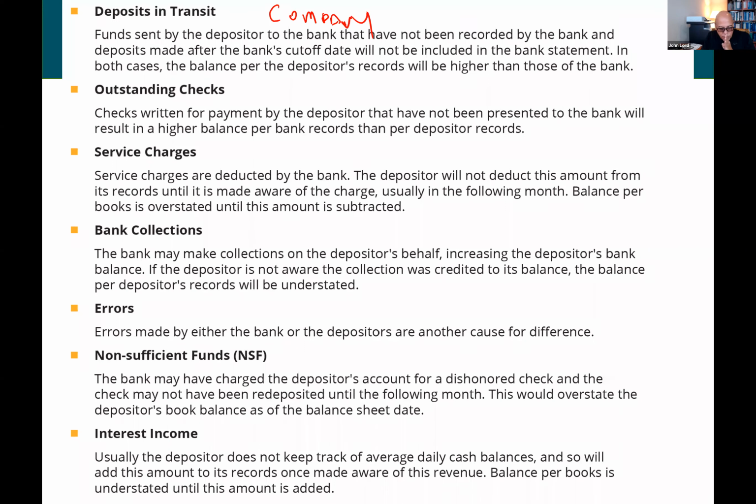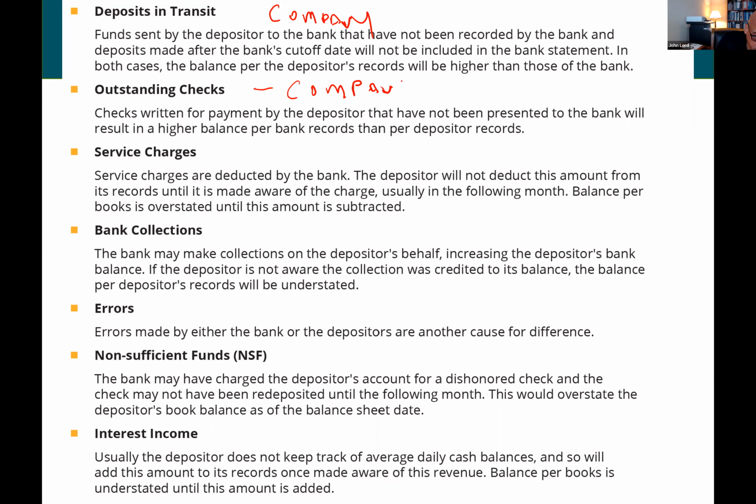So at December 31st, did the bank know about that? No. Is it reflected as a check on my bank statement? No, because the bank didn't know about it yet. So that would be a reconciling item that I would subtract from the bank balance to reflect the correct cash account. Again, that's something that the company would know about.